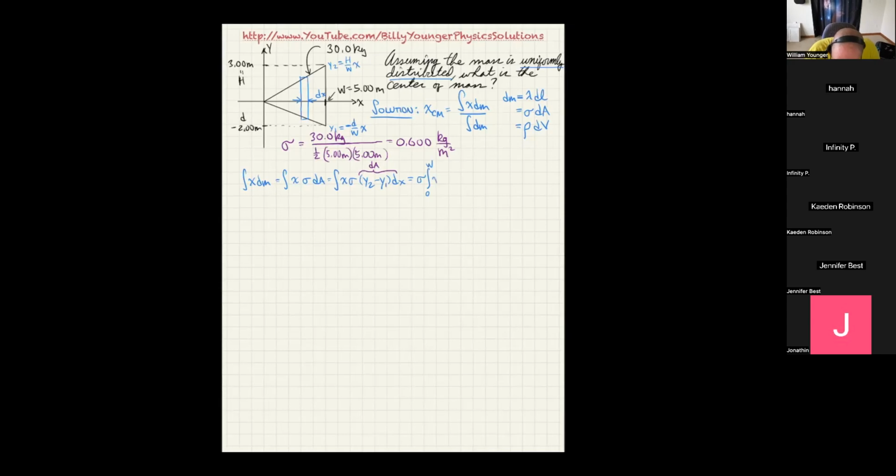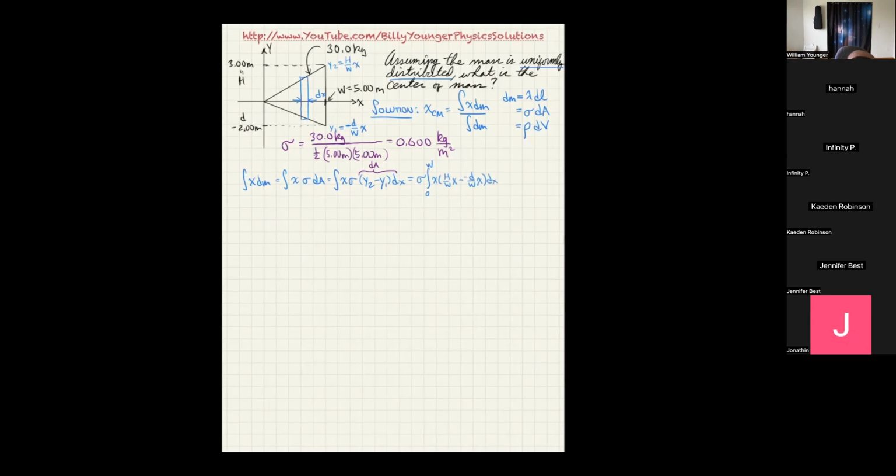So I'm going to have the x times, first off, I've got to write y2, which is h over w times x, and then minus the y1, which is negative d over w times x, and then all of that times dx.